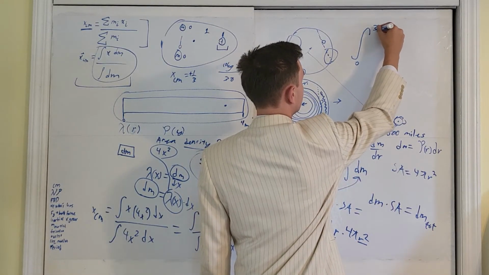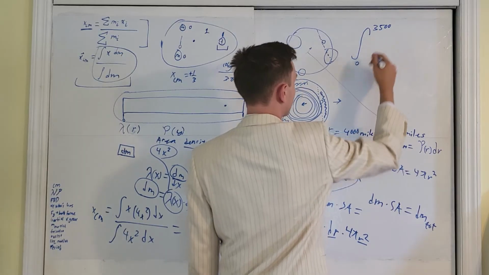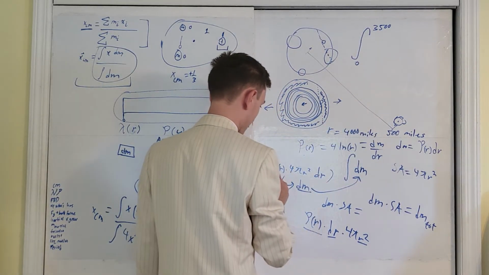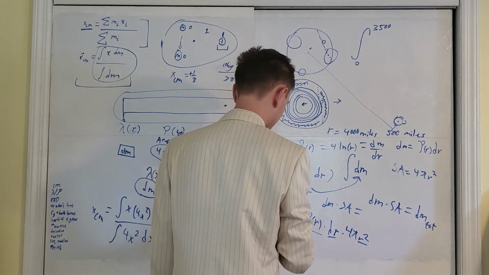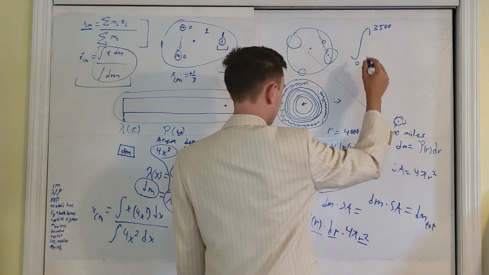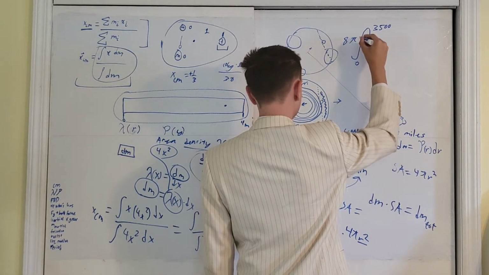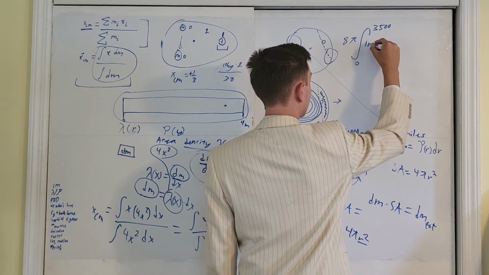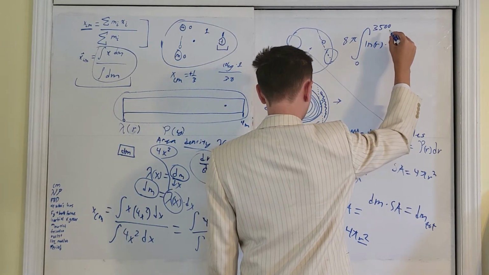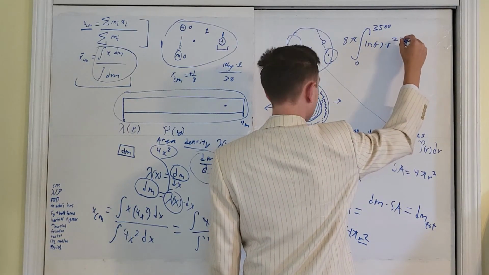So we'd be integrating from 0 to 3,500. And we have some constants here, so let's make sure we isolate those. 8 pi times the natural log of r times r squared dr.